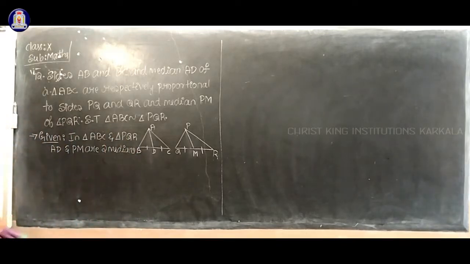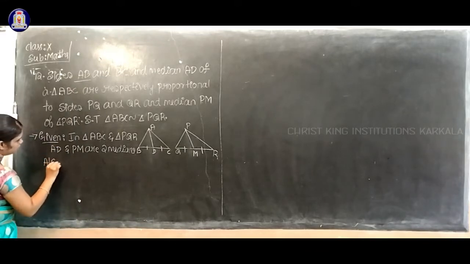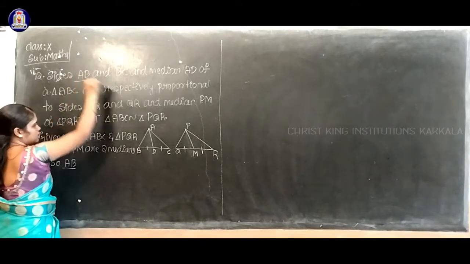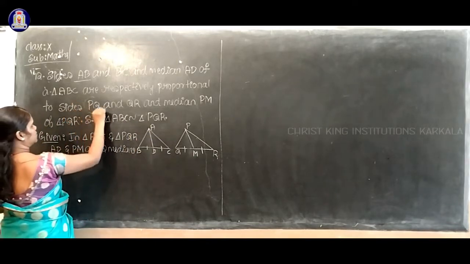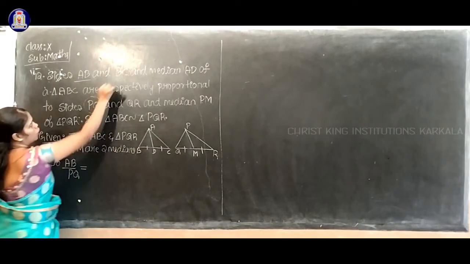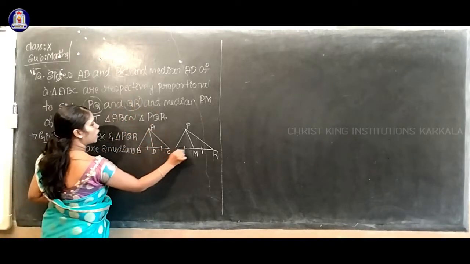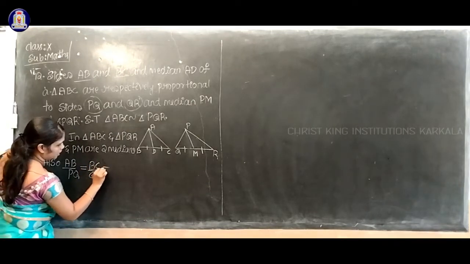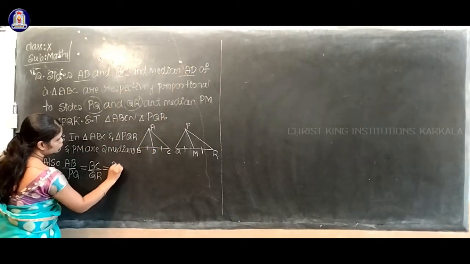Also given in the question, the first side AB of triangle ABC is proportional to which side? The side PQ. Also the side BC is proportional to QR. So BC by QR equals, the median AD is proportional to another median.